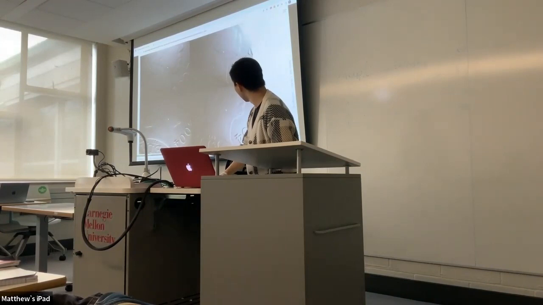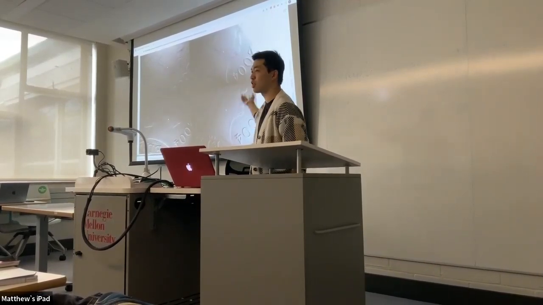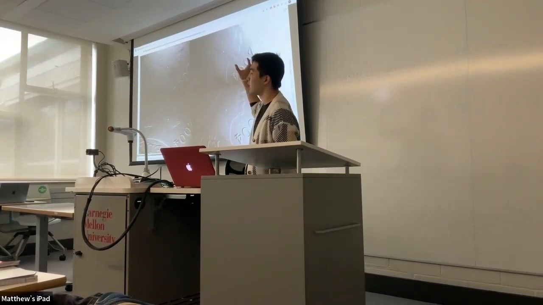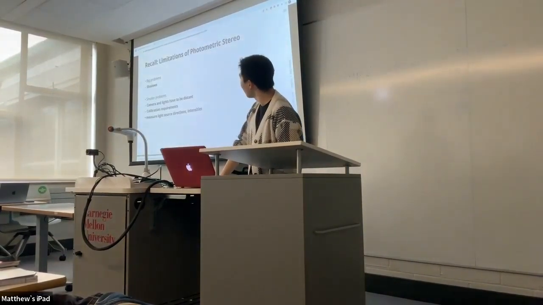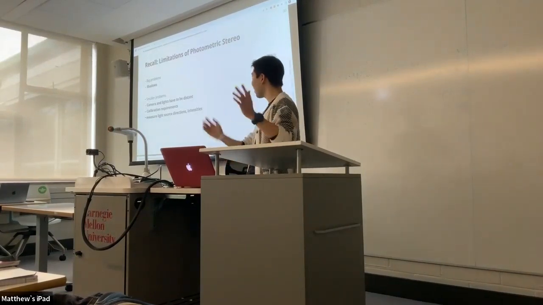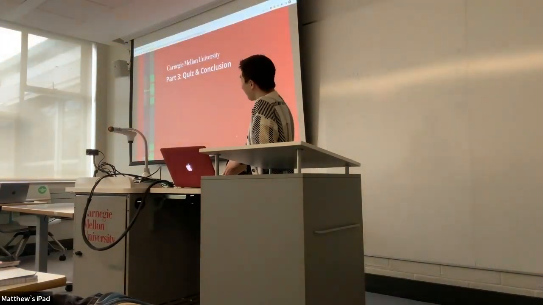So for example, over here in the bottom, there's a shadow, but in some of the other images, that's not dark, right? So we'll just use the brighter images instead of the shadow. So using our algorithm, we managed to solve these problems, which is cool.